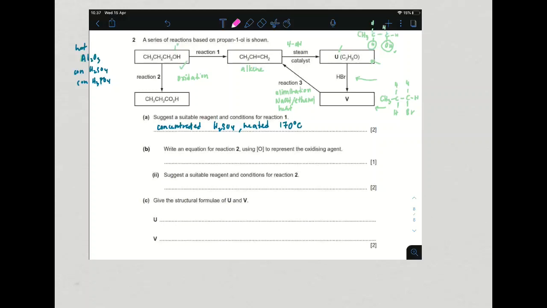Now write an equation for reaction 2. This is oxidation using O to represent the oxidizing agent.